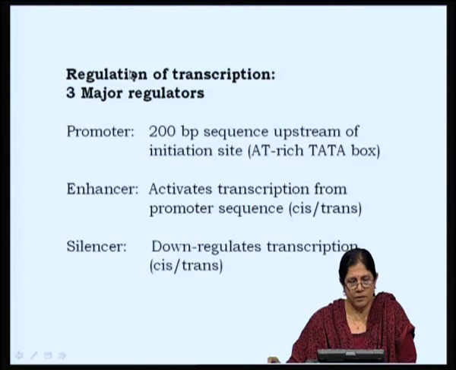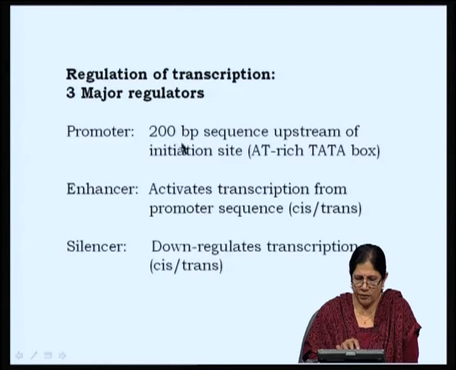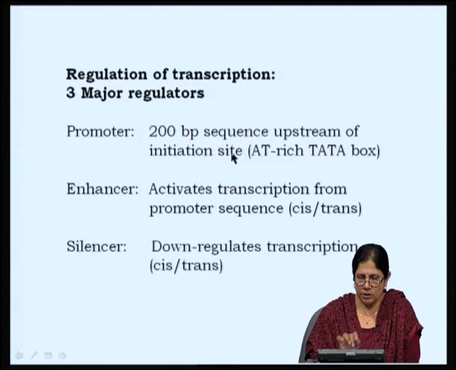Let us look at the regulation of transcription of the now recombined immunoglobulin genes. There are 3 major regulators, like in almost every gene: promoters, enhancers and silencers. Promoters, all of you would know already, are approximately 200 base pair sequences upstream of the initiation site, with an AT-rich TATA box, which is the initiation site.